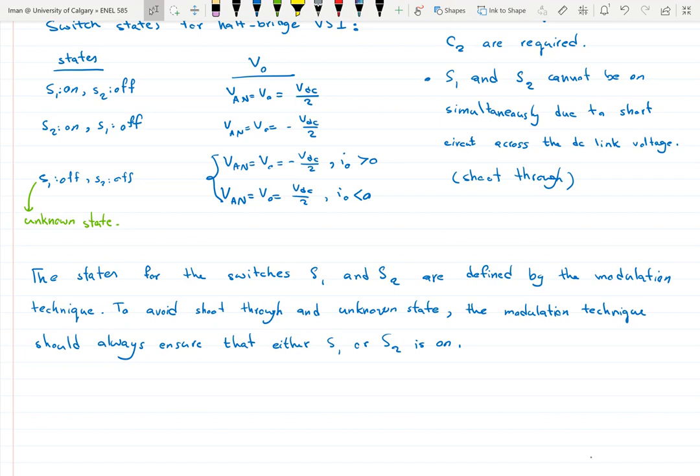Right, so the first modulation technique that I'm going to explain is the carrier based pulse width modulation technique, or the PWM method.